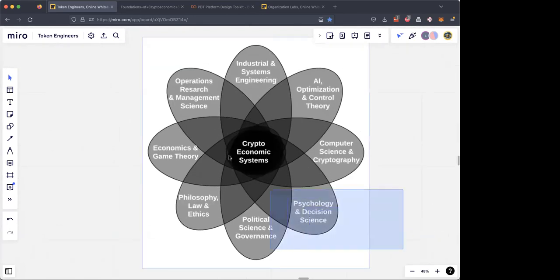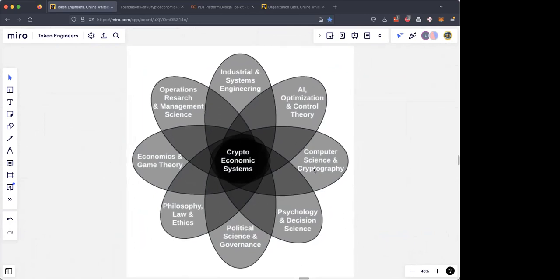So they analyzed what crypto economic systems, like this token engineering field, is similar to, what it kind of contains. Kind of an analysis that we looked at in the first half.